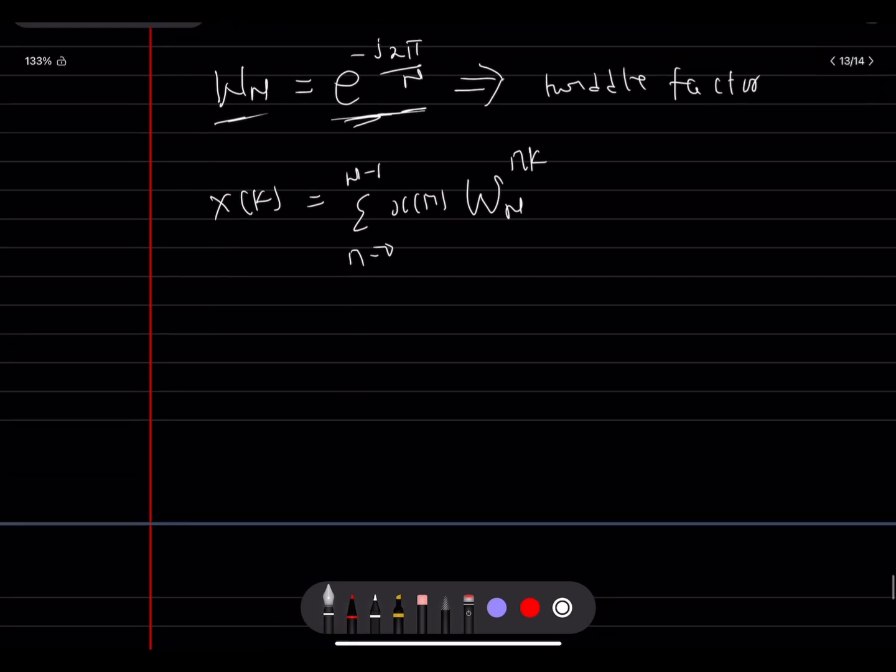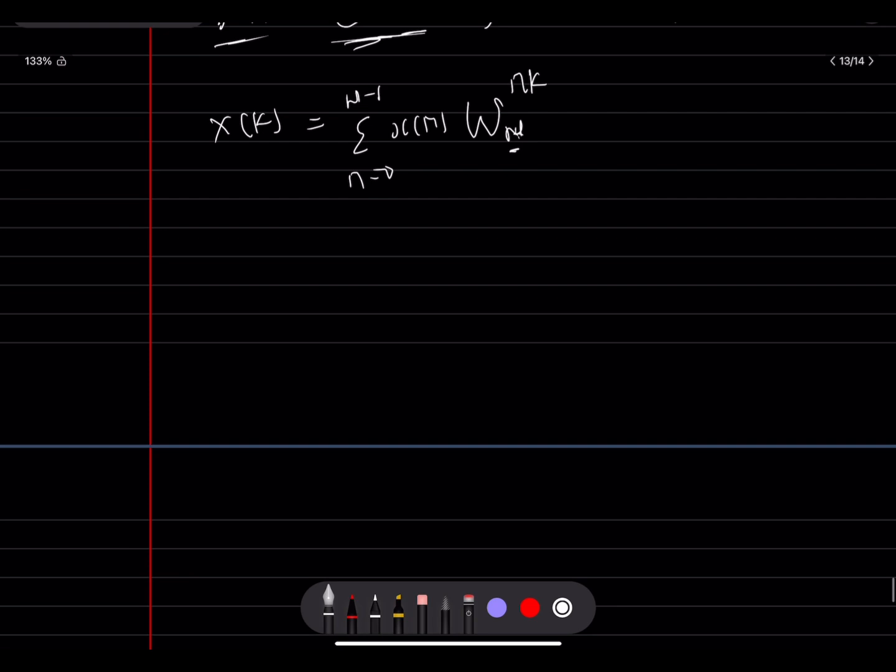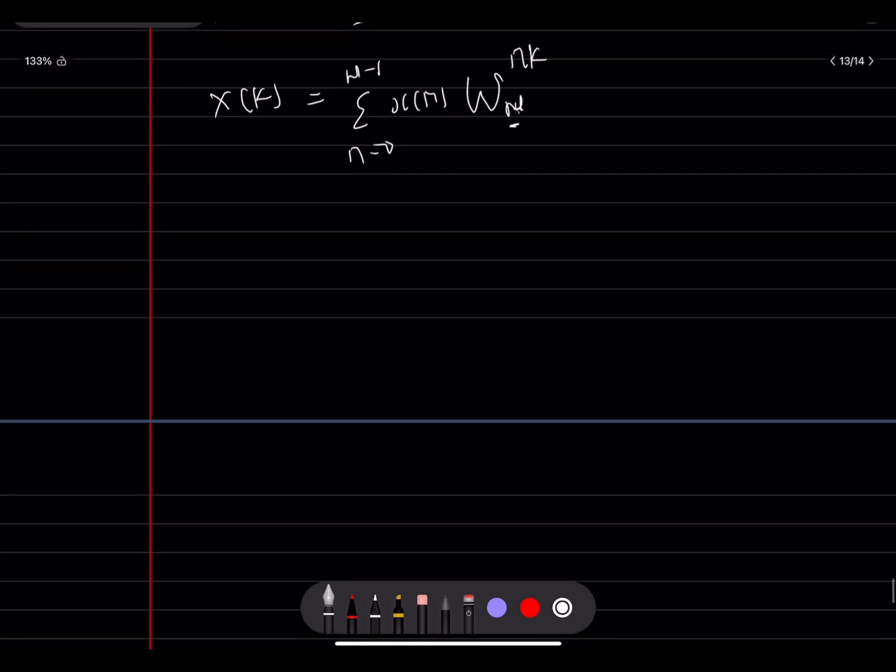Since I have this here, this N means that if you are computing 8-point DFT, the Twiddle factor is of 8 points, so 8 will be replaced over here. That's how it looks. Now that I've written this, we can use this Twiddle factor method to generate something here. Let's proceed and see what we can do.